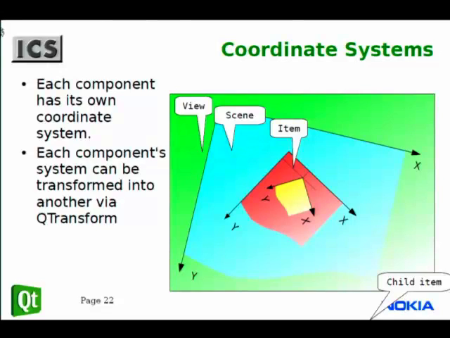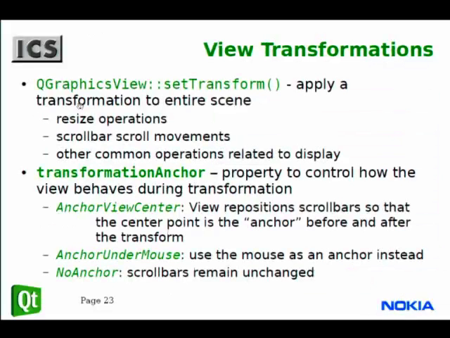Each component has its own coordinate system that applies to views, scenes, items, and child items. And you can always transform one coordinate system into the other via one QTransform. We can set the transform to apply it to the entire scene, or on the view, rather.